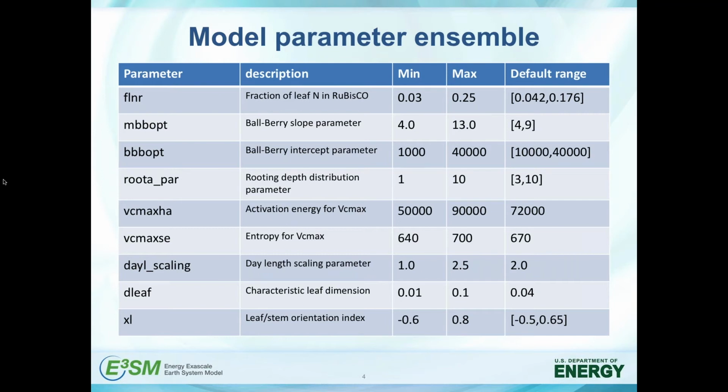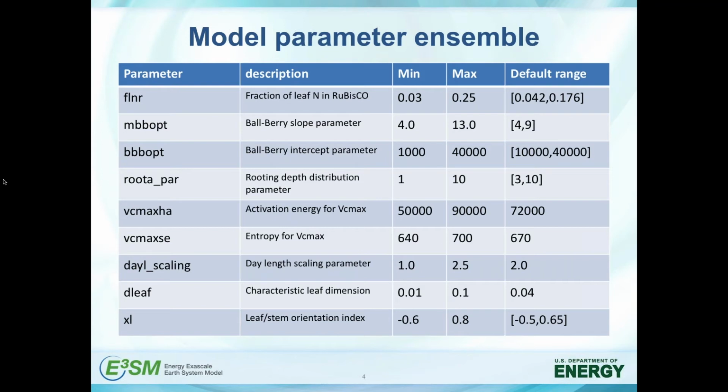The next 2 parameters, MBB-opt and BBB-opt, are the stomatal conductance parameters dealing with slope and intercept. The 4th parameter is a rooting depth distribution parameter, so it controls what fraction of roots are near the surface as opposed to distributed more at depth.